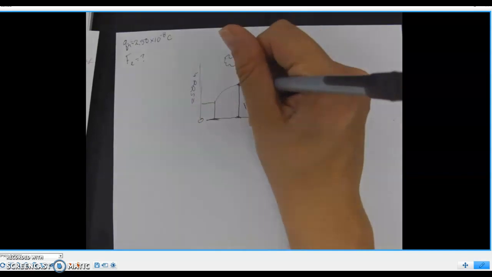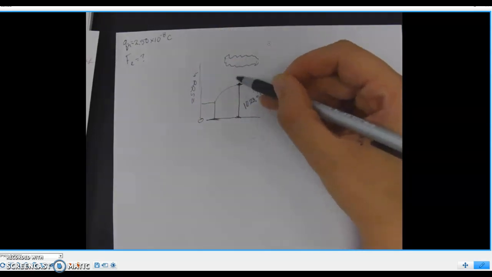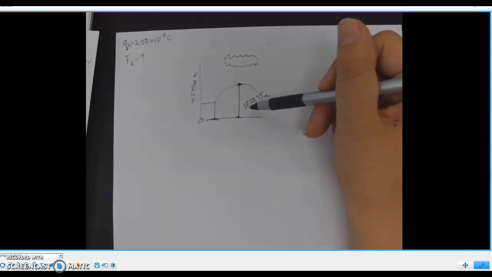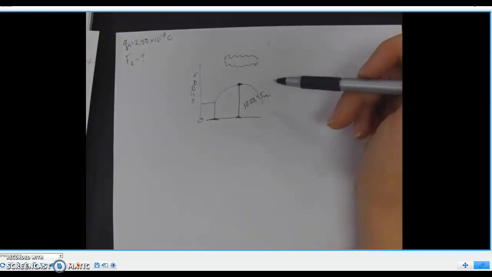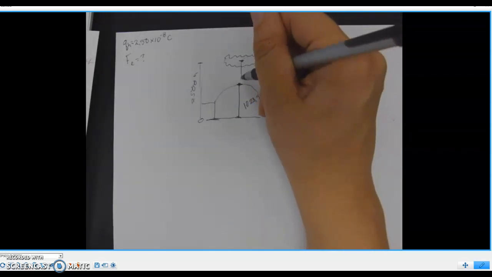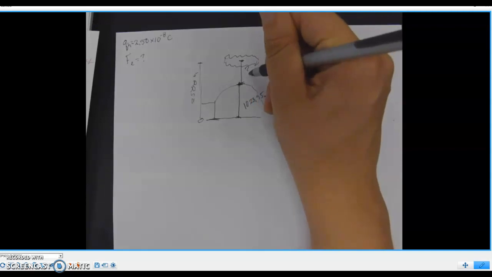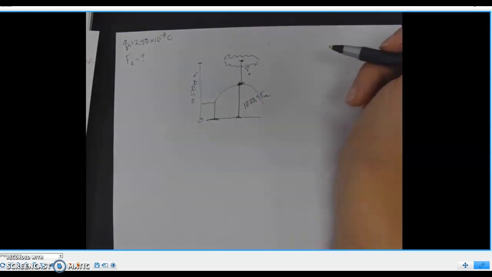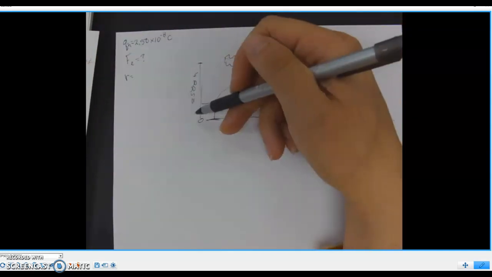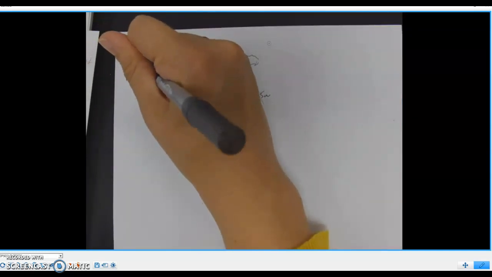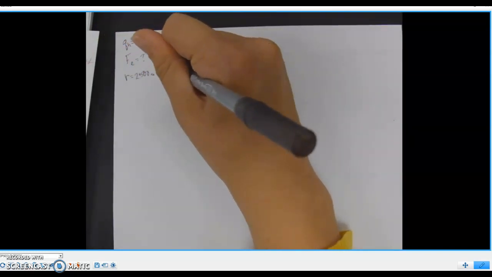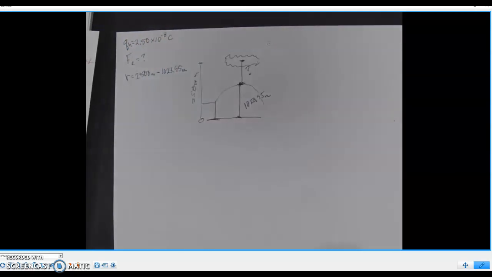And so if the hammer is here and the cloud is there, and those are my two objects, the distance between them is not 2,500 meters, it's not 1,023.95 meters. It has to be the difference between the two, right? The distance between them would be right there. So that R value, that distance between them, would have to be the 2,500 meters minus the 1,023 meters.